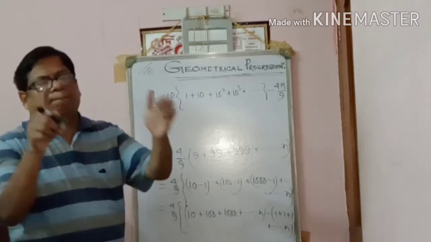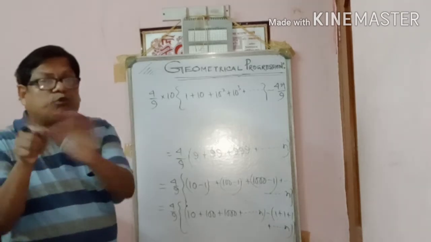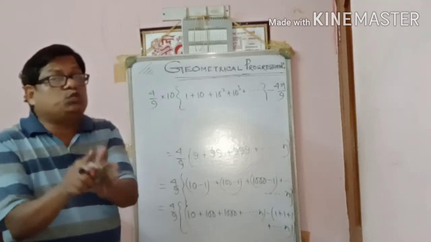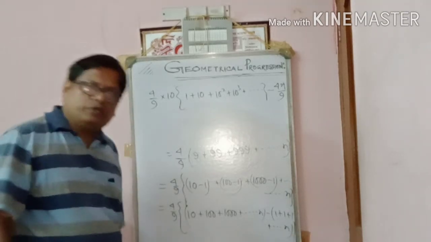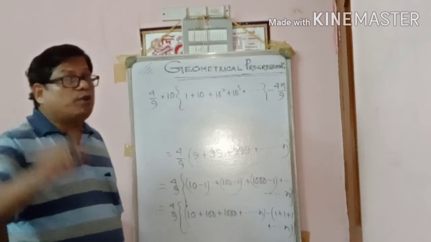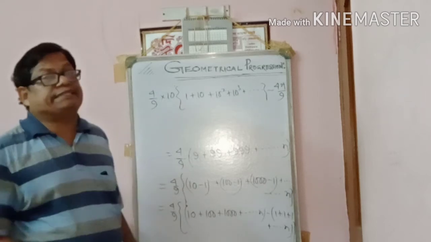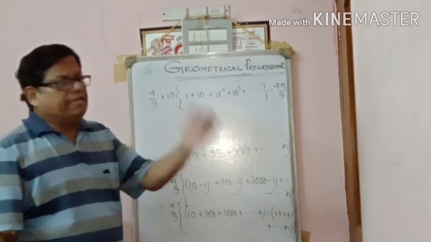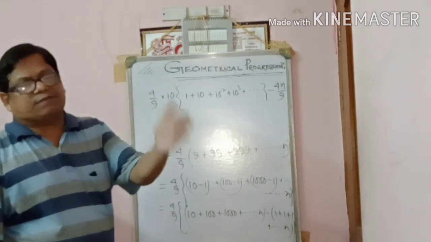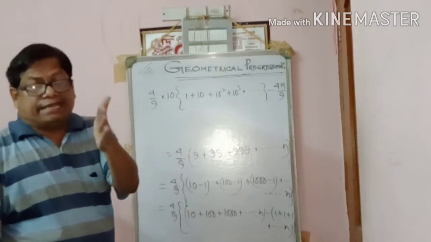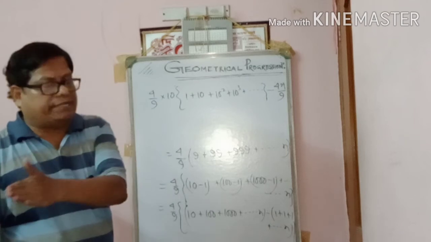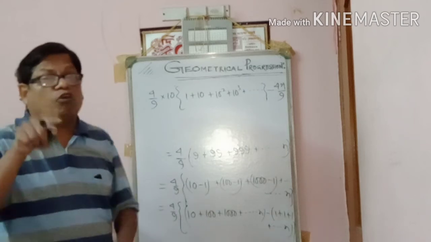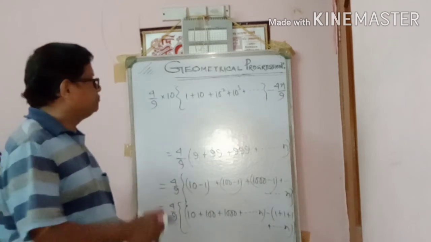Previously we discussed a plus a plus a up to n terms is n into a, not a to the power n. Many students make this mistake. It is always a into n, but not a to the power n, keep in mind.